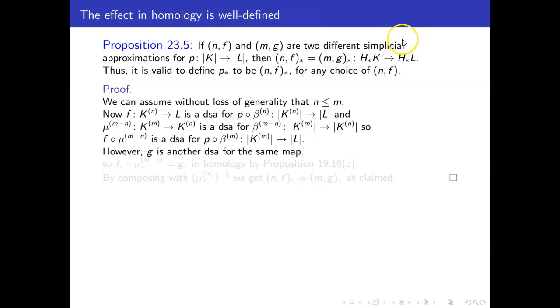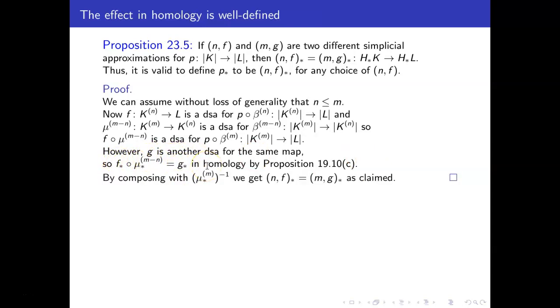On the other hand, m, g was supposed to be a simplicial approximation, so that means that g is a direct simplicial approximation for P composed with beta^m. And we proved earlier that if you've got two direct simplicial approximations for the same map, they're going to have the same effect in homology. That's proposition 19.10c. So we see that f lower star composed with mu star to the m minus n is the same as g lower star.